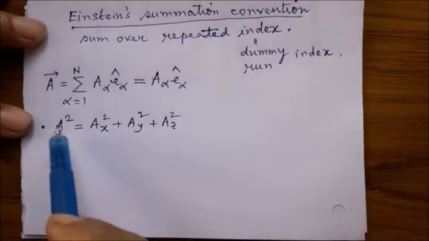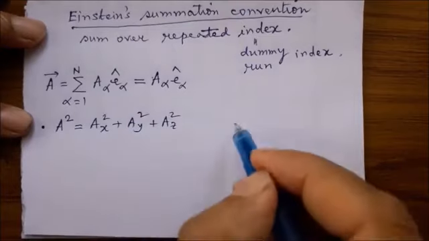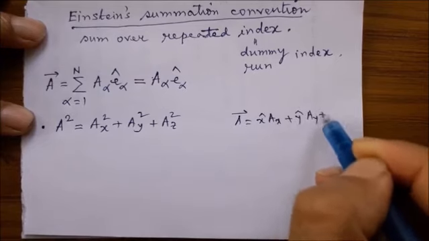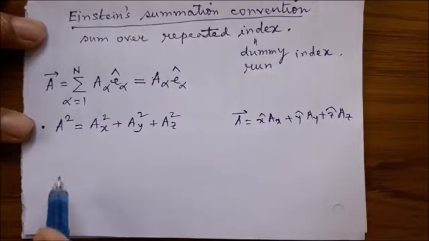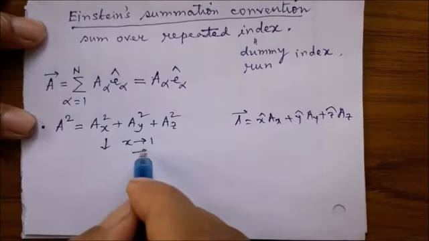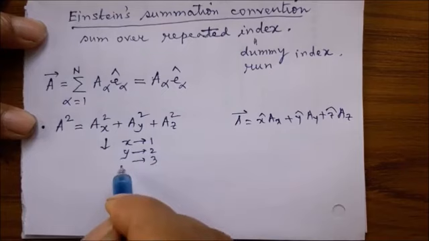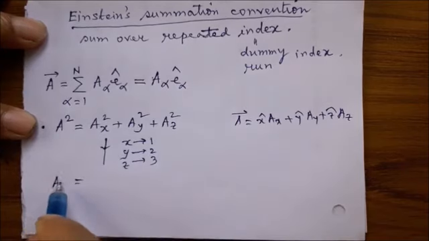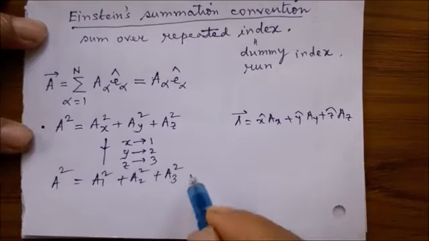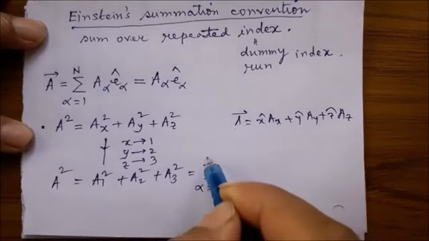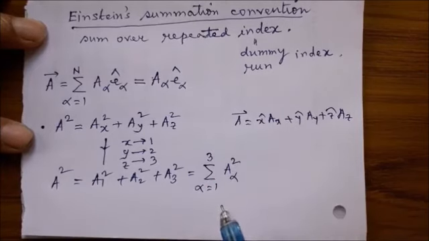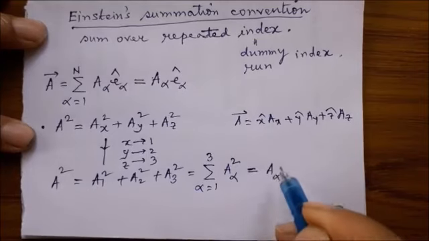In 3D space, this is the square of the modulus of a vector A. Now if we change the notation, if we take 1 for x, 2 for y, and 3 for z, then A square can be written as A1 square plus A2 square plus A3 square, and therefore we can write it in this way, which is an easier one, and this can be written simply as A alpha square.